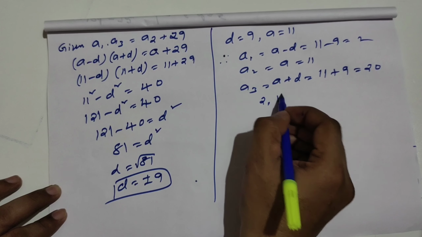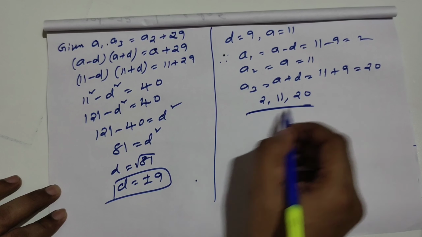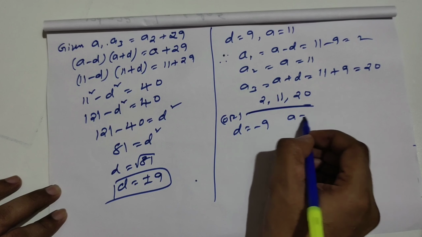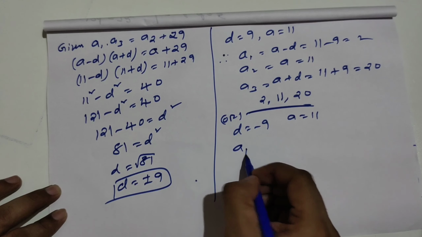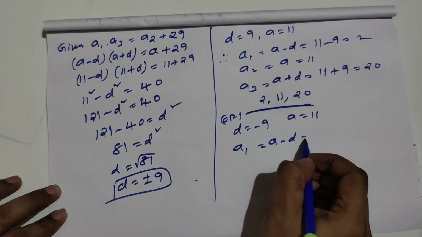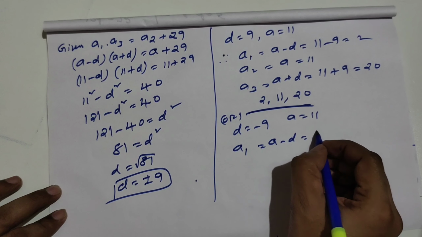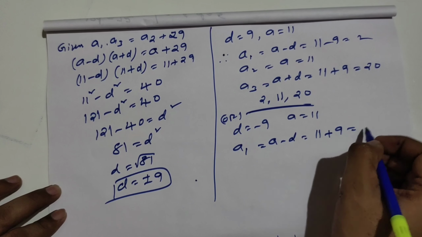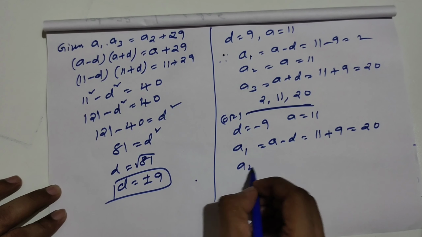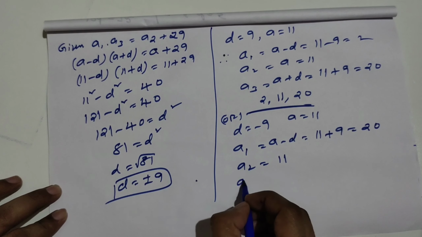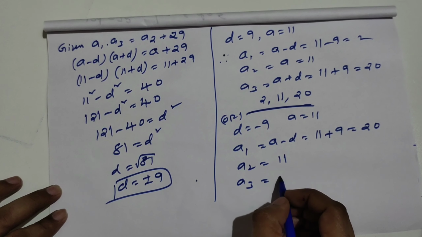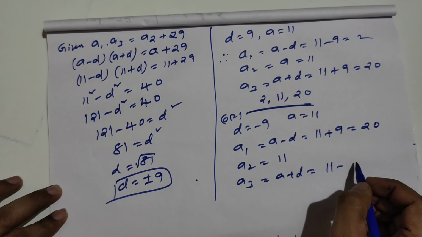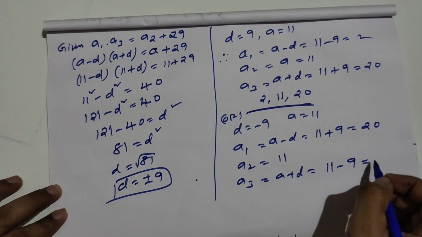So 2, 11, 20. Or otherwise d is equal to minus 9 and a is equal to 11. In this way also we can write a1, that is a minus d: 11 minus minus 9, that is 20, and a2 is itself 11, and a3 is a plus d, that is 11 minus 9, 2.